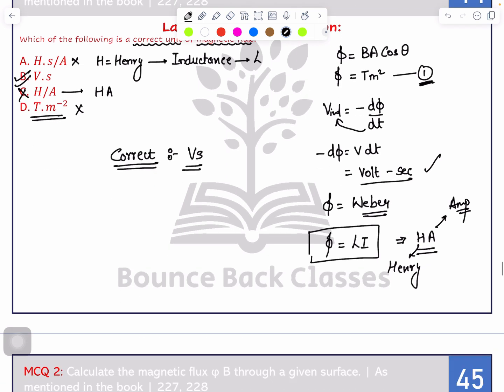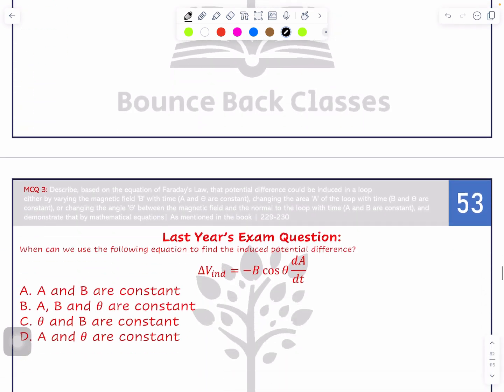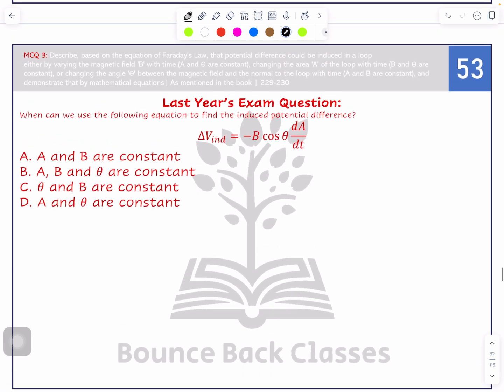Easy. Okay, next question, and I already covered the answer for this. All the exam questions, I covered the answers. Okay, this one is the interesting one, and this is for MCQ 3 also. What is the major focus point? As per MCQ 3, he is focusing on all the three equations you have learned.